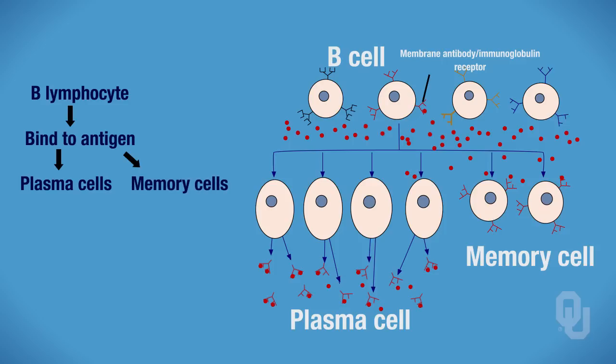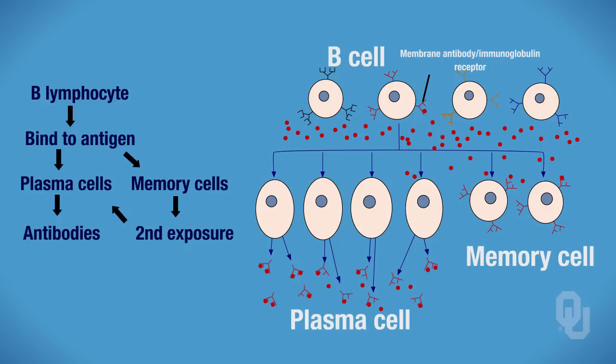Now, if they become plasma cells, they will actually give rise to antibodies. So literally they produce antibodies. Memory cells, when you have a second exposure to a particular antigen, will go on to make plasma cells, which will then make antibodies.